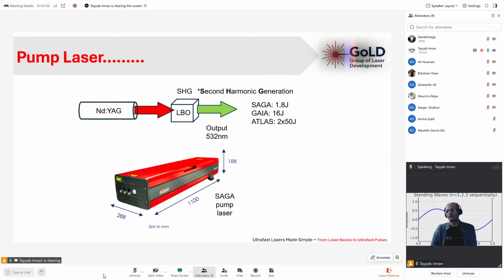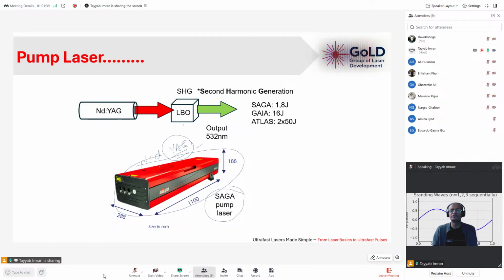Pump laser. Pump is very important, as I mentioned, and this is one of the commercial pump lasers. It's called Saga, and it has Nd:YAG inside. The actual Nd:YAG wavelength is in the IR region, more than 1000 nanometers, which is not at all suitable to pump the titanium sapphire.